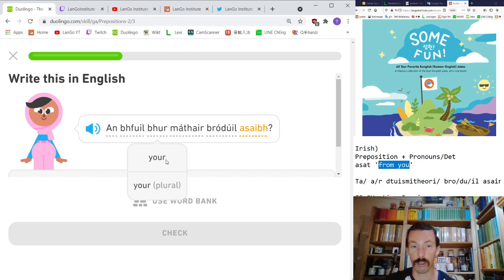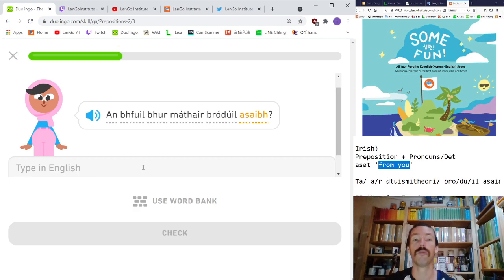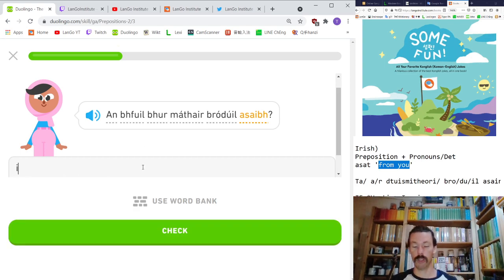It looks mutated, maybe historically, but not synchronically. Bhur máthair, that's y'all's mother. Is your mother. Okay, these harmonize. Bhur and the asaibh. Does your mother take pride in you? Proud. Is your mother proud of you?